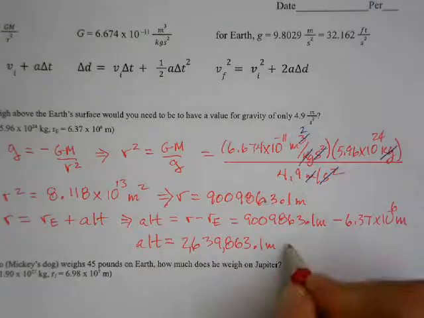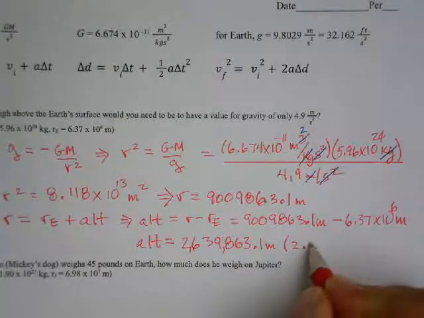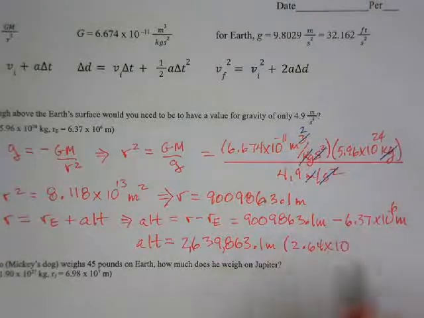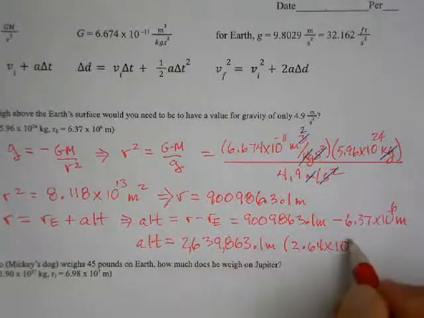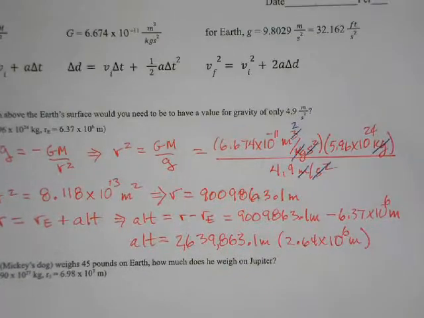And if we did a little rounding here, we could just say 2.64 times 10 to the 6 meters, or a little bit more than a third of the radius of the Earth out in space. So that's how high you need to be for gravity to be only 4.9.